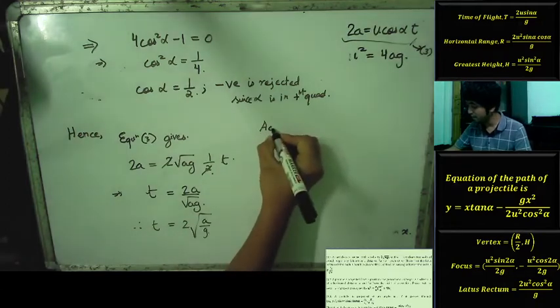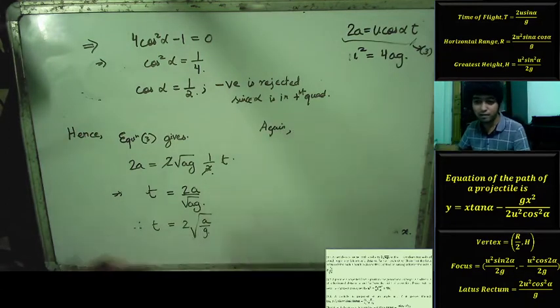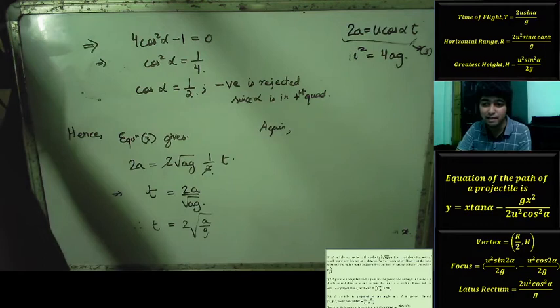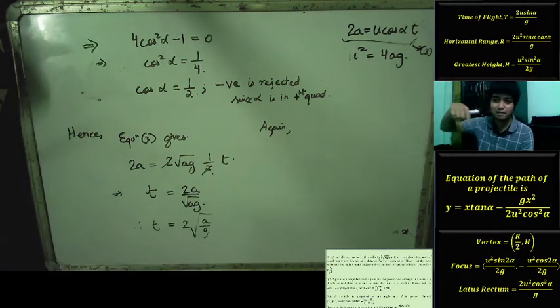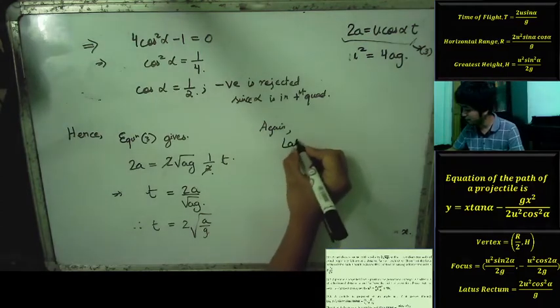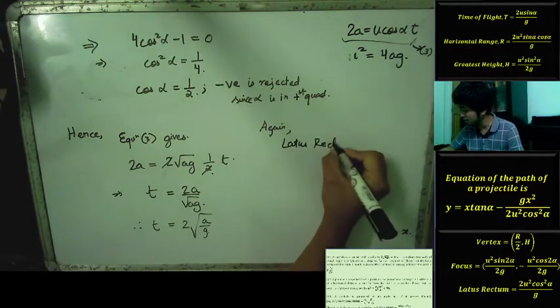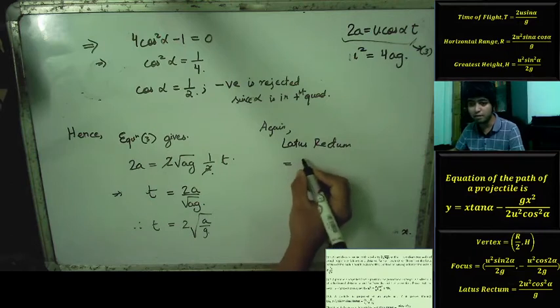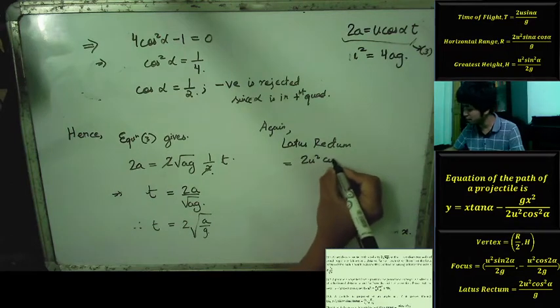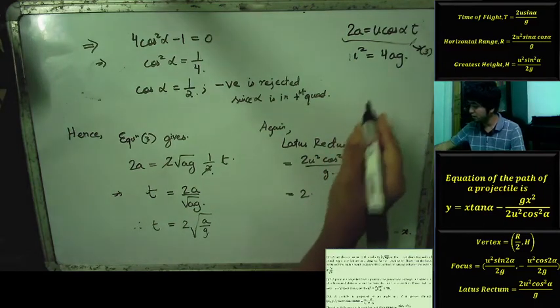Again, if you look at the question, we also need to find the latus rectum. The latus rectum, we can use the formula below. Latus rectum will be equal to 2u squared cos squared alpha upon g. So 2u squared will be 4ag.